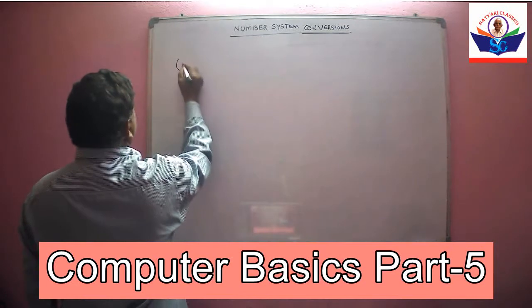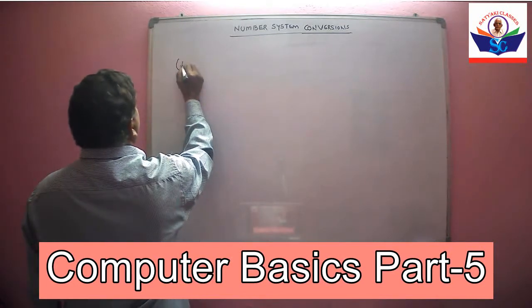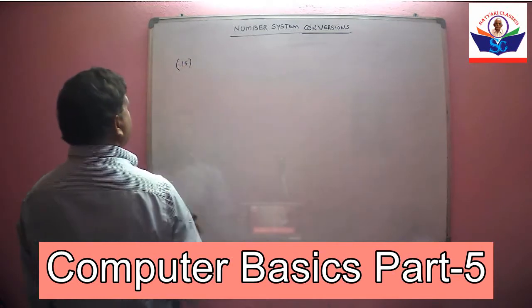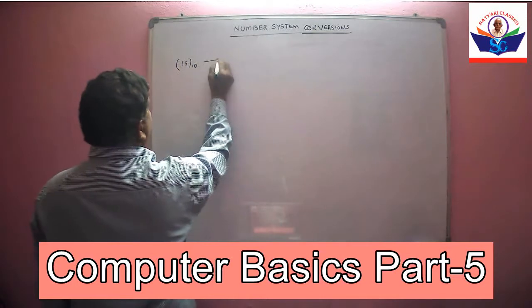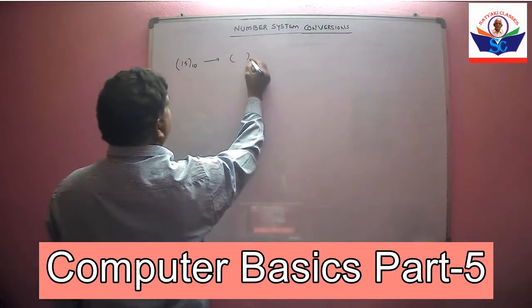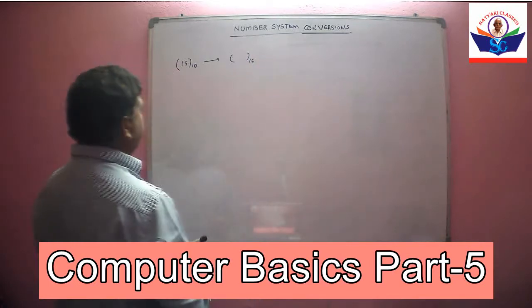There is a number 15 in decimal numbers. What is the equivalent number in hexadecimal?